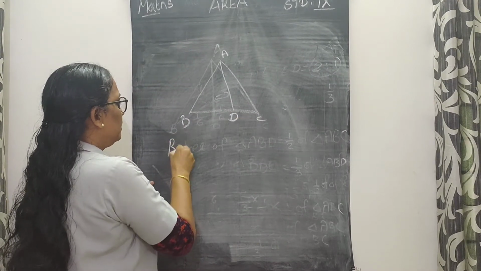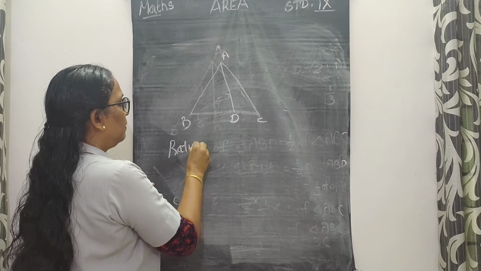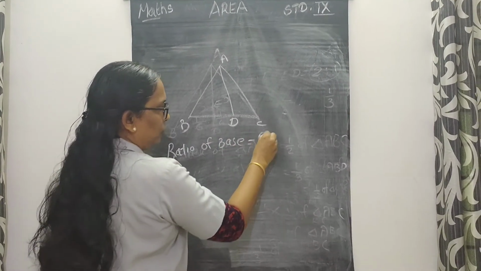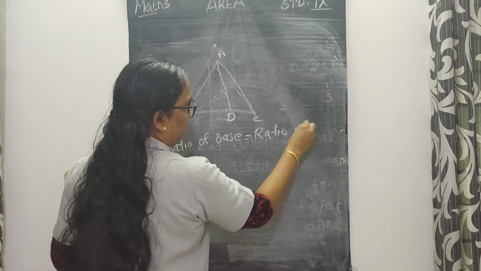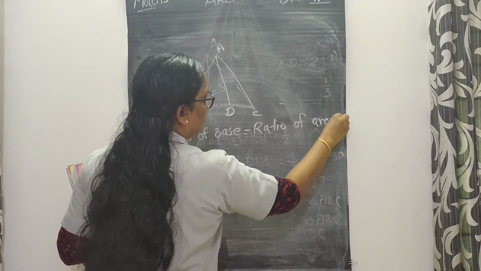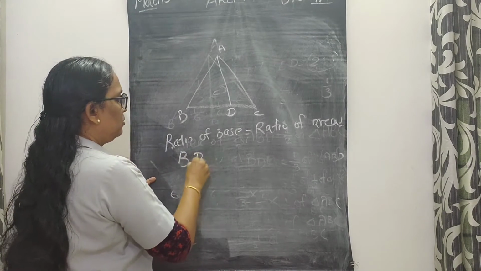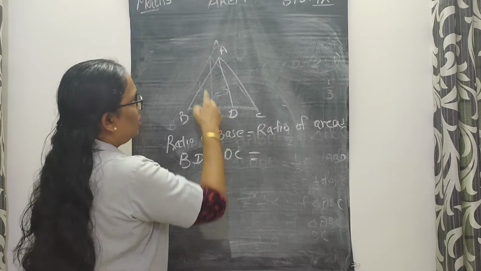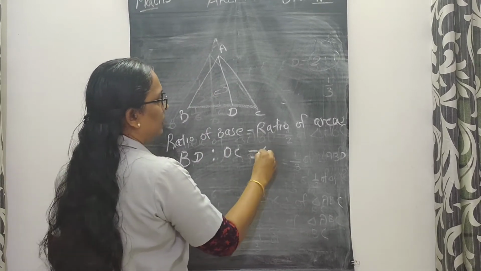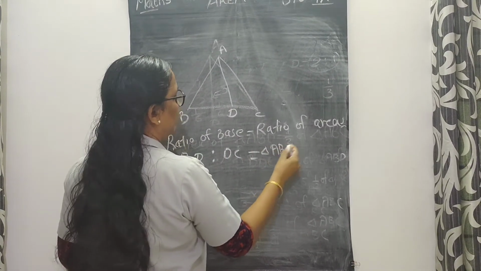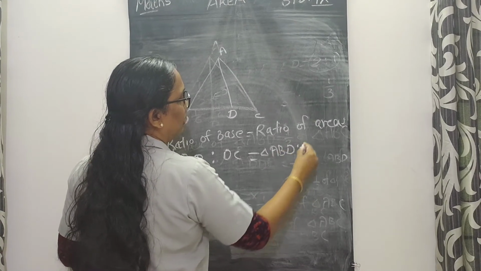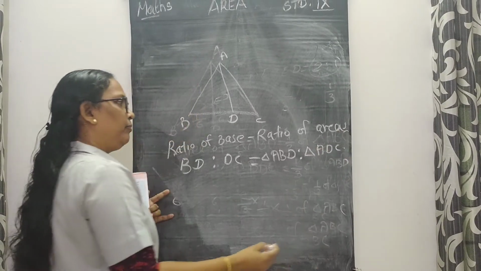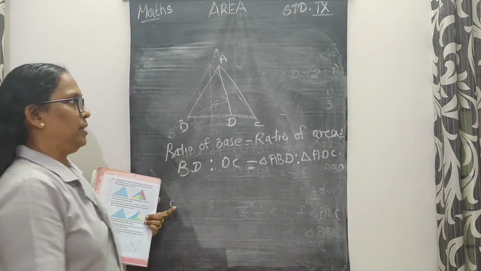So we can write it as ratio of base equal to ratio of areas. That is, BD is to DC equal to the area of ABD and the area of triangle ADC. This we have studied.